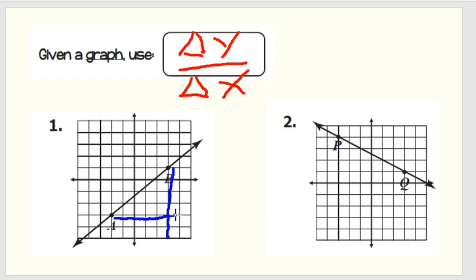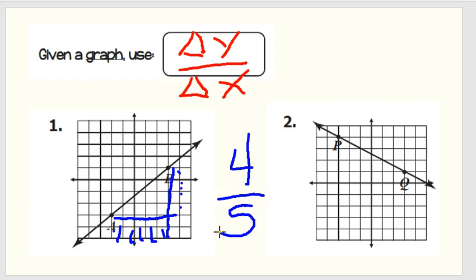In this case, we have 1, 2, 3, 4. So our change in y is 4. And then our change in x is 1, 2, 3, 4, 5, so that would be 5.